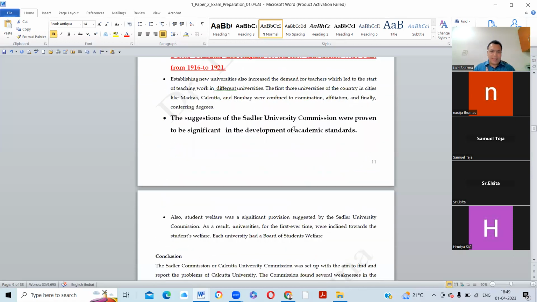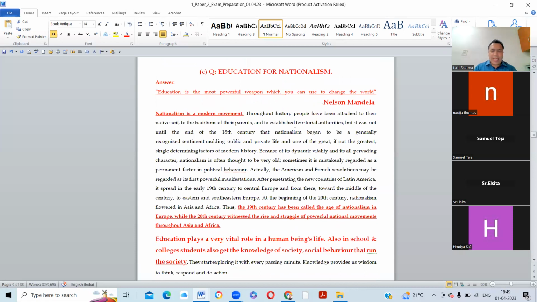Third is education for nationalism. This is a general topic, and you can write it. Education for nationalism: as you know, Nelson Mandela has said, education is the most powerful weapon which you can use to change the world. Nationalism is a modern concept.